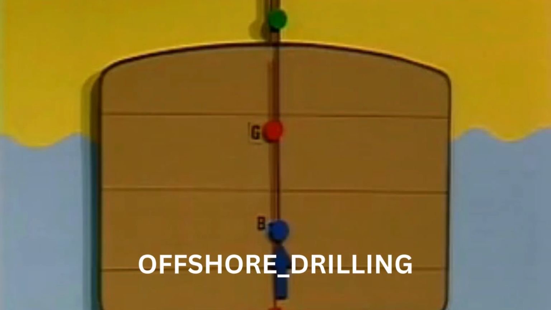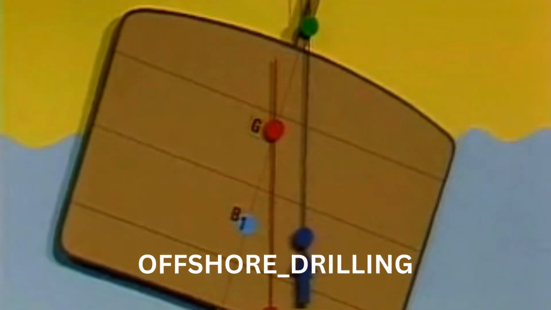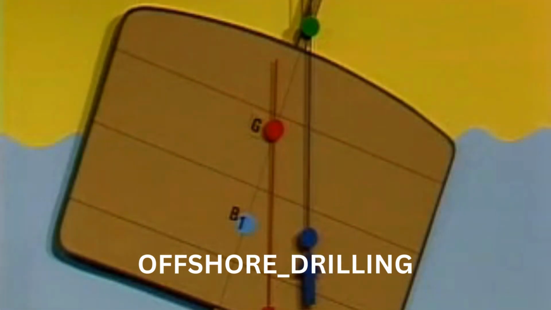When a vessel is tilted due to an external force, such as a wave, G, the center of gravity, will remain fixed unless the cargo within the vessel is free to move about. B, however, the center of buoyancy, will move because it is the center of volume of the immersed portion of the vessel.